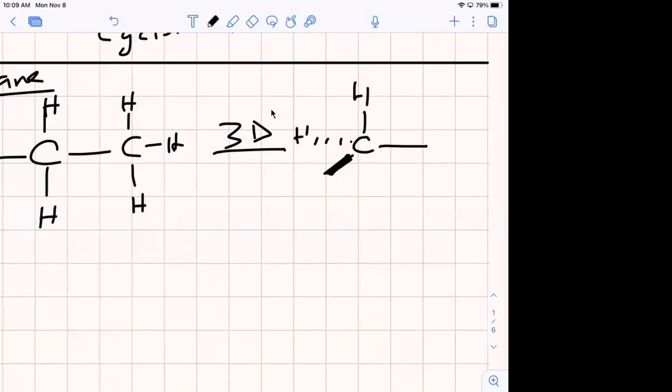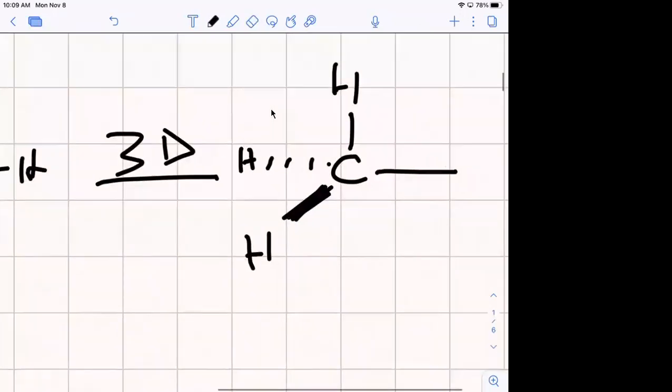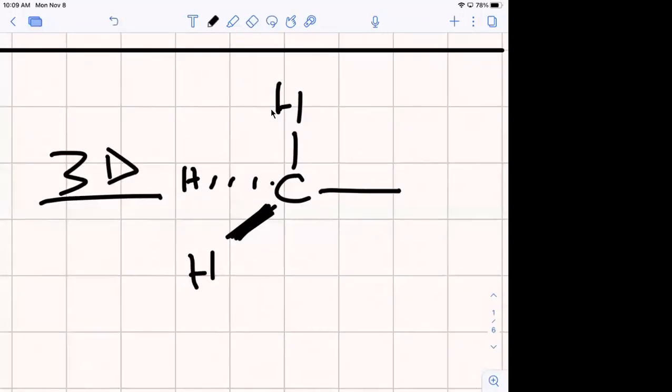So the 3 H's have a little bit of 3D orientation, where the one here on the dash is going back into the page, and the one on the wedge is coming out of the page. And we've had some experience talking about stereochemistry, and it's the same thing here.